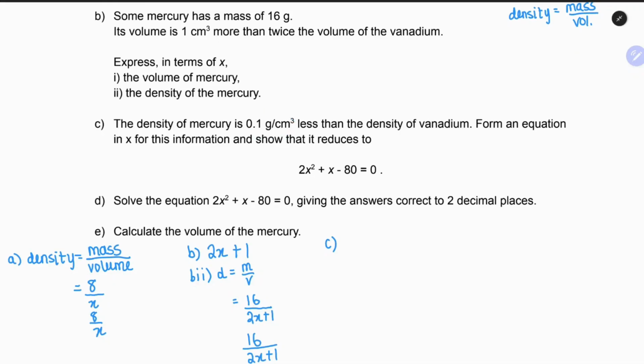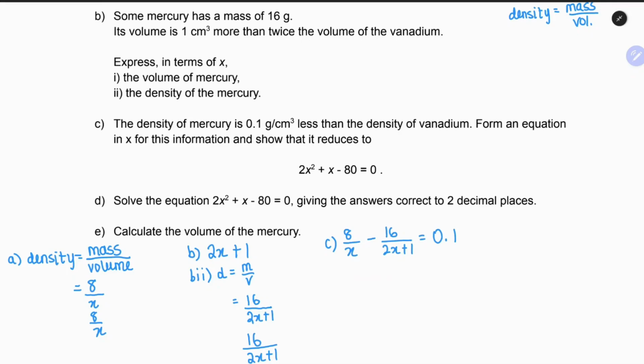So we're gonna say 8 divided by x, the bigger one, minus the smaller one, is equal to 0.1. So always keep this in mind when you do your paper 3, that especially when you are reducing, the bigger should be minus the smaller and then is equal to this.